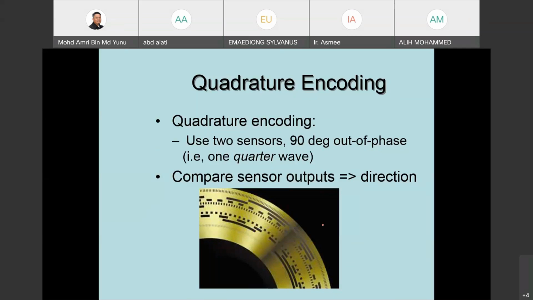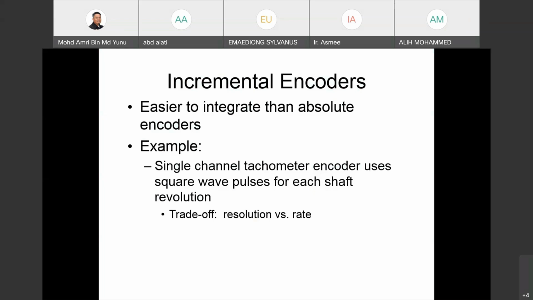So quadrature encoding uses two sensors side by side, 90 degrees out of phase, to compare sensor outputs, especially for the direction.